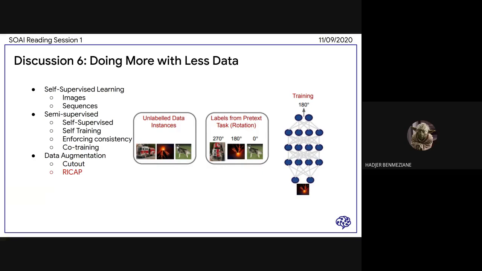Data augmentation is when, I will try to explain it with images and then explain it with sequential data as well. With images, when I have an image of a dog, I can add multiple images of dogs by putting some transformation on this image.